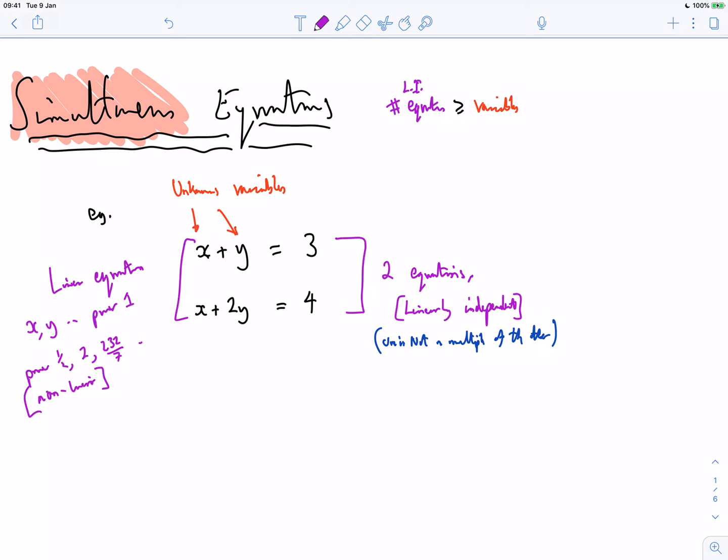So actually what we've got here are two linear equations that are linearly independent and have two unknown variables in. Because the number of linearly independent equations is greater than or equal to the number of variables, there must exist a solution.